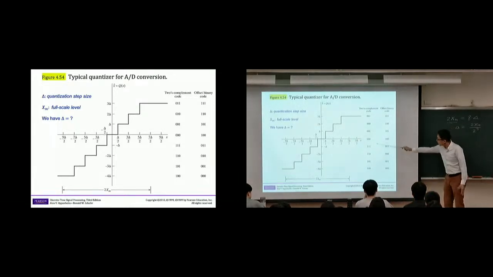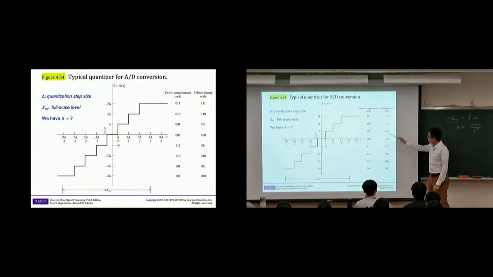But what happened right here? It's like 0, 1, 2, 3, 4, 5, 6, 7. That's the scheme, the 2's complement way of encoding your number. Okay? Encoding the number 0 to 3 and -4 back to -1.